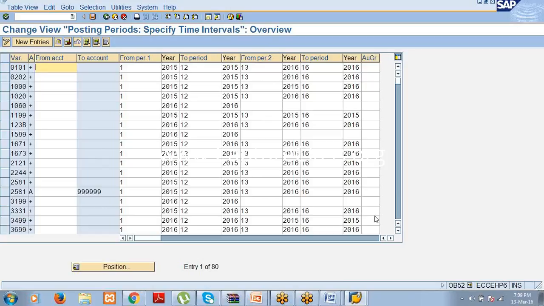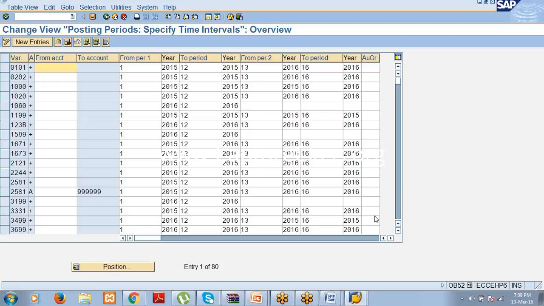These periods are to be opened by the users only, right? But OB52 means the IMG screen path. The IMG screen is given access to consultants only, and the end users cannot have access to the IMG screen. That's why for the same screen, the path was also provided from SAP Easy Access.